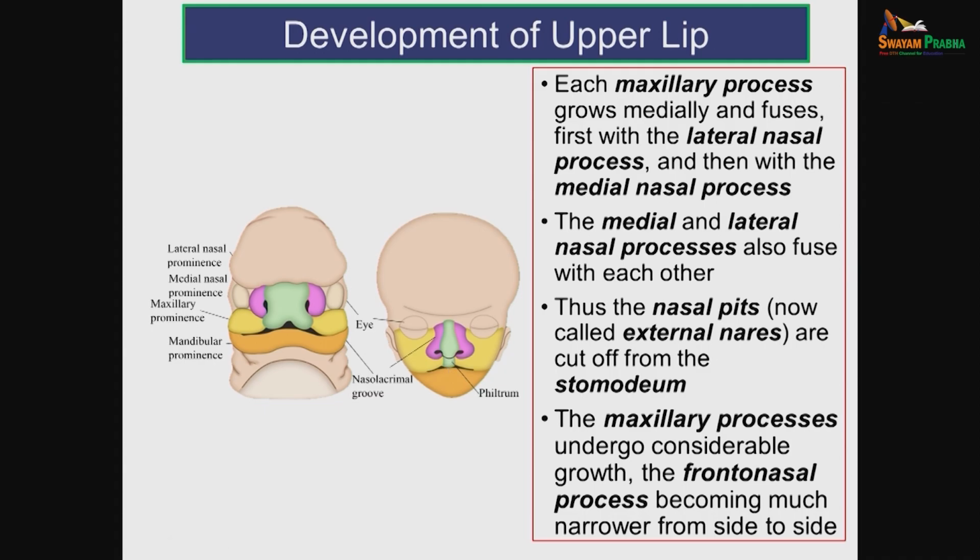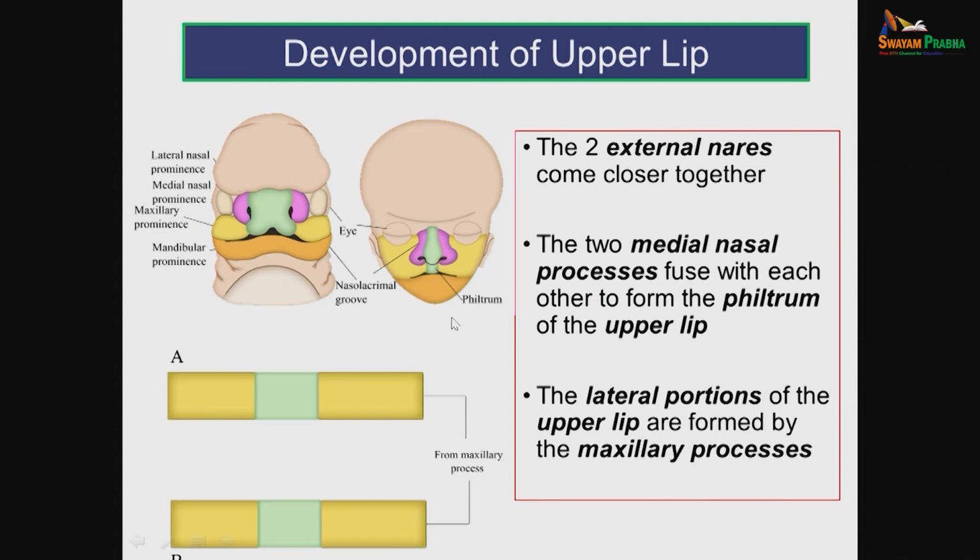Next is the maxillary process is going to undergo considerable growth, and hence the frontonasal process becomes very narrow from side to side.